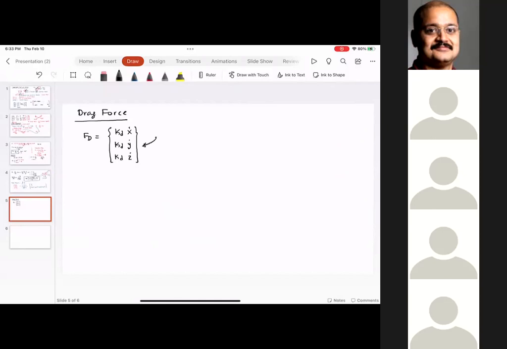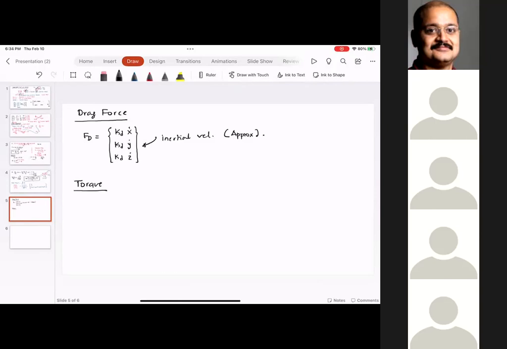Please note, this is an approximation. However, for actual analysis, you should be looking at the body velocities, because that is where the drag force is coming along. But at first level approximation, we would say x dot, y dot, and z dot are the inertial velocities.